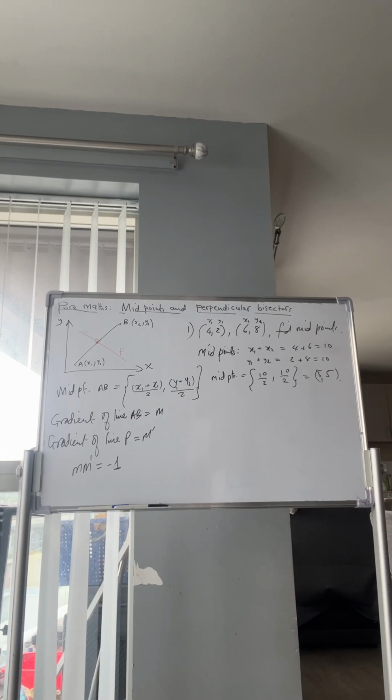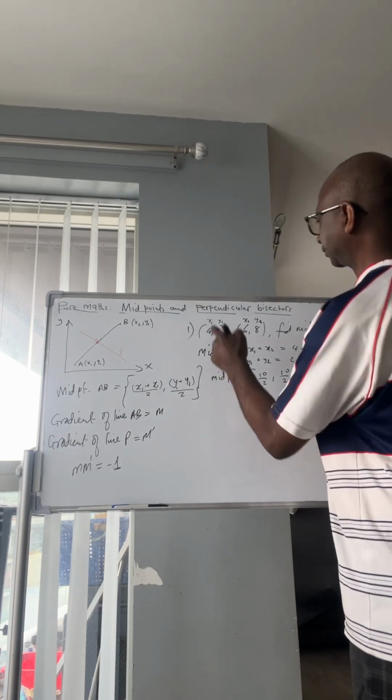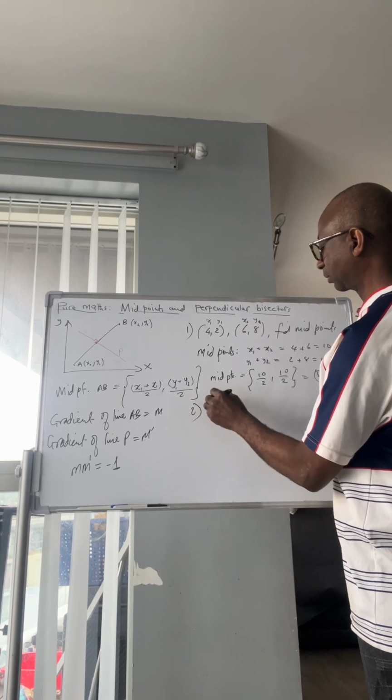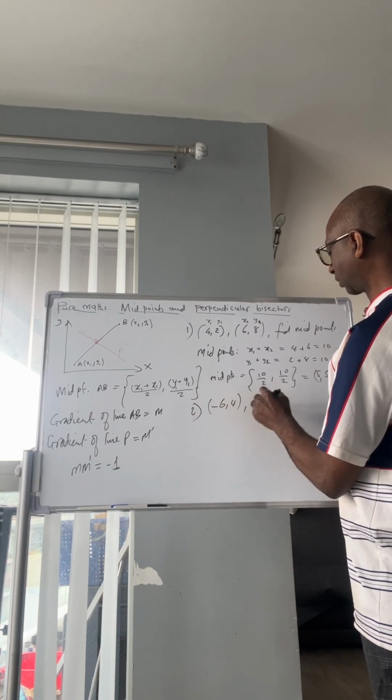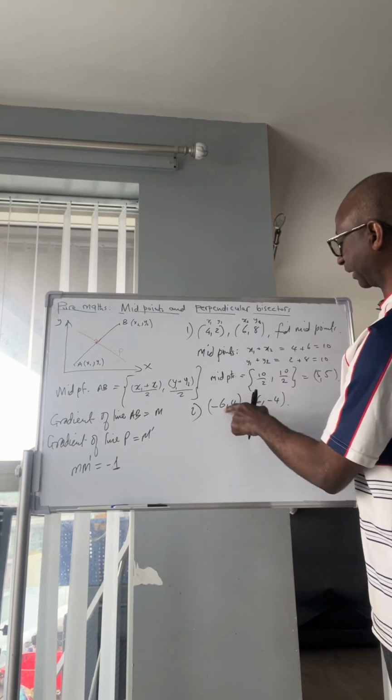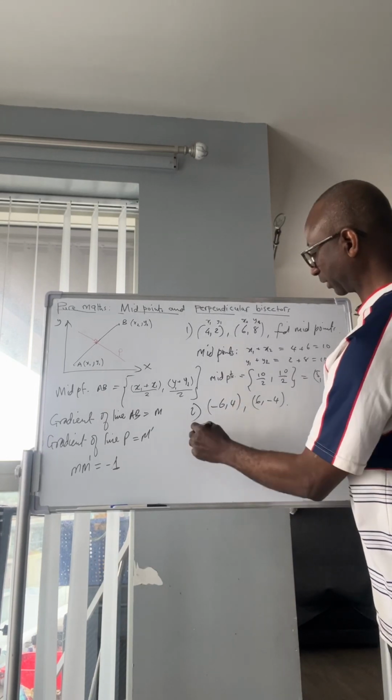And the next one, number 2, you are given minus 6, 4 and 6, minus 4. You have to find the midpoint. Again, this one we will just work straight away.